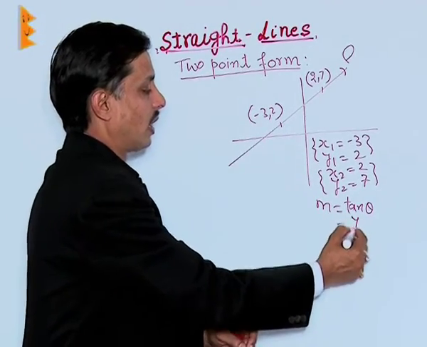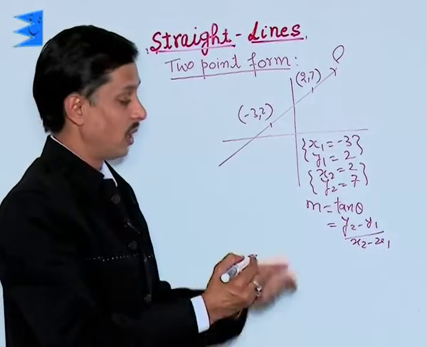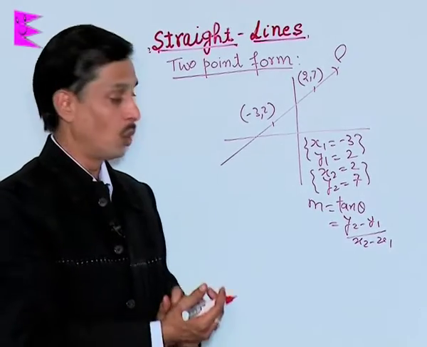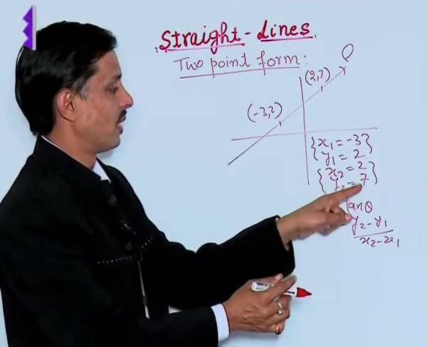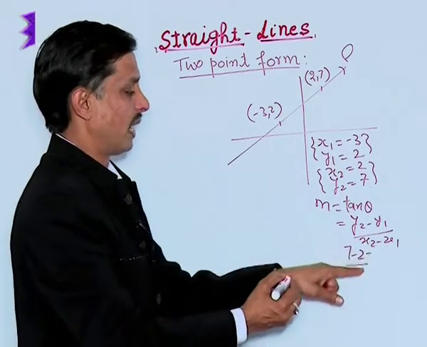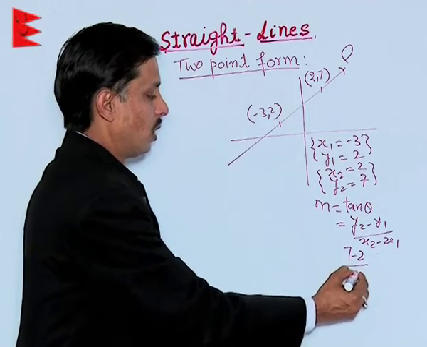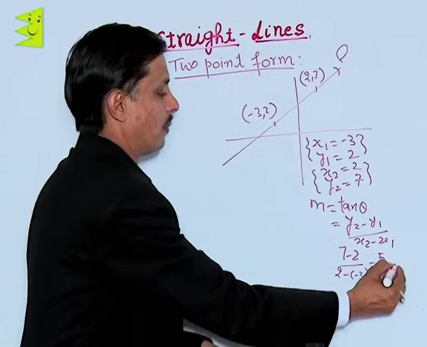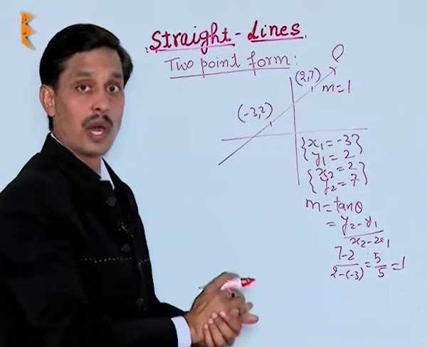Otherwise, we can apply y2 minus y1 upon x2 minus x1 in case we know which two points the line is passing through. y2 minus y1 is 7 minus 2 upon x2 minus x1, that is 2 minus of minus 3. That becomes 5 upon 5. So the slope of this line m becomes 1.